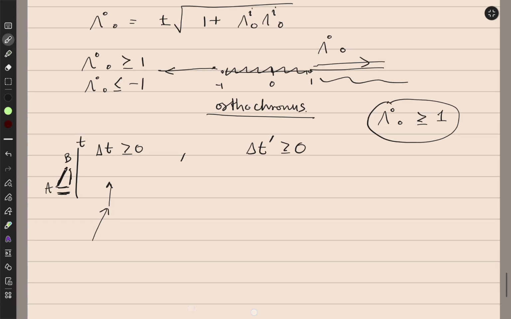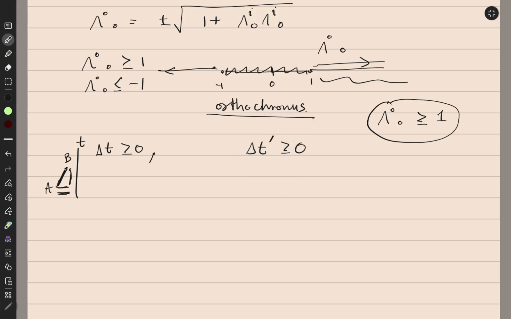The arrow doesn't flip to the negative side. But if the events are separated by a space-like interval, then we can have delta t negative. That corresponds to the idea that space-like separated observers can disagree on the simultaneity of events.